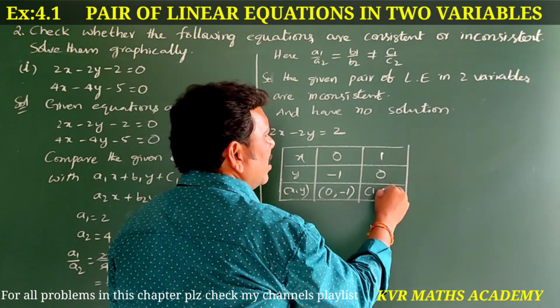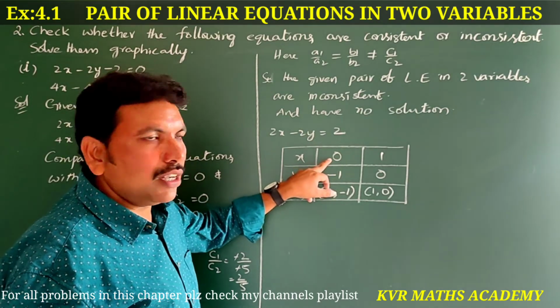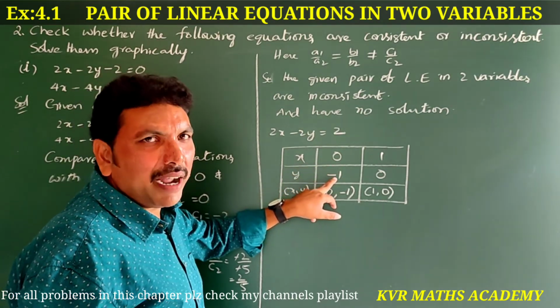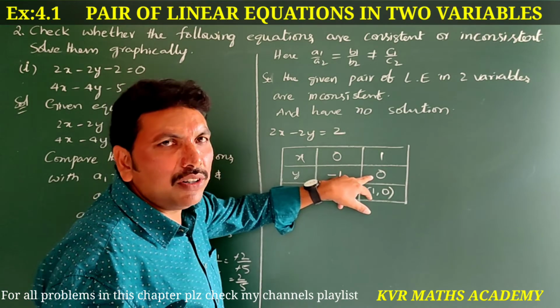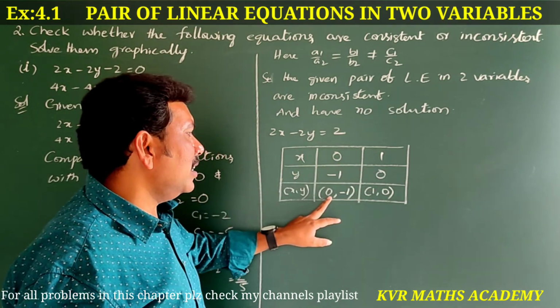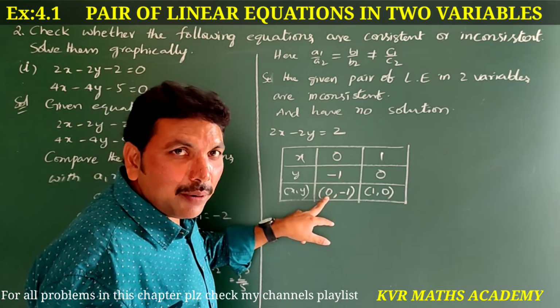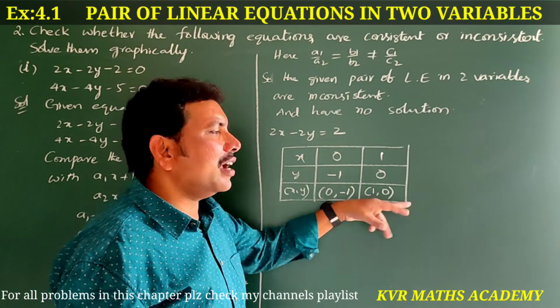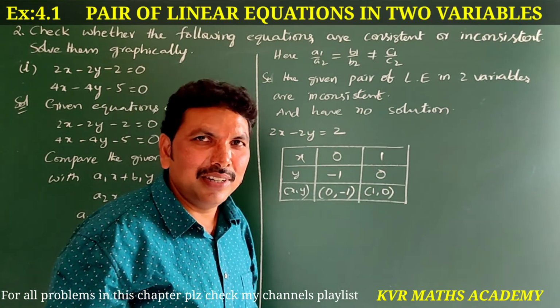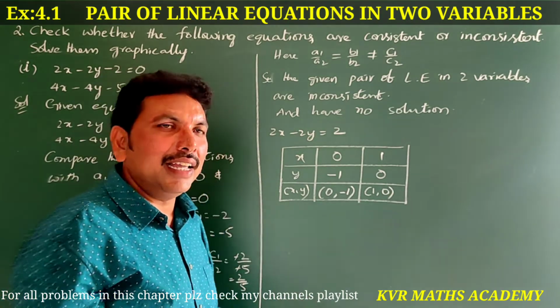This will be 1 comma 0. So the points we have obtained are 0 comma minus 1 and 1 comma 0. So this is about the first equation. Let us solve the second equation also.